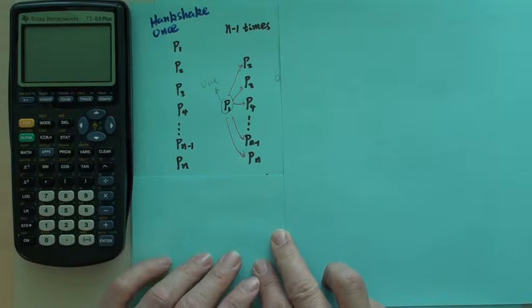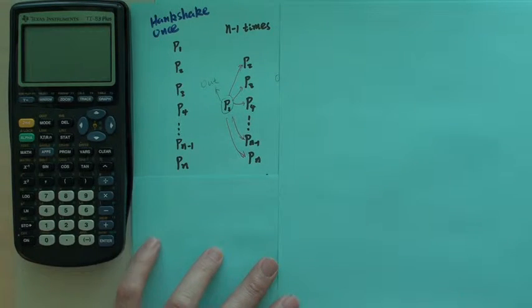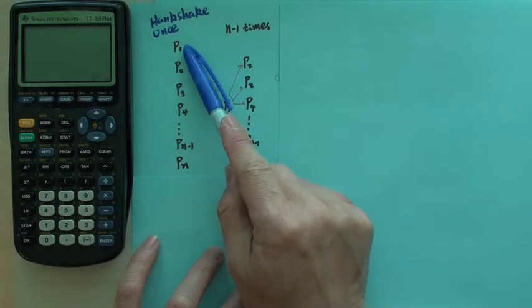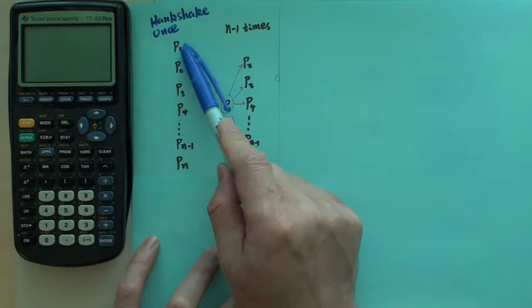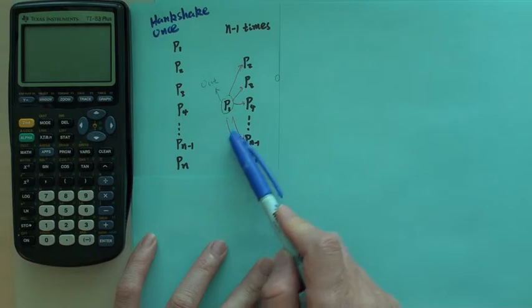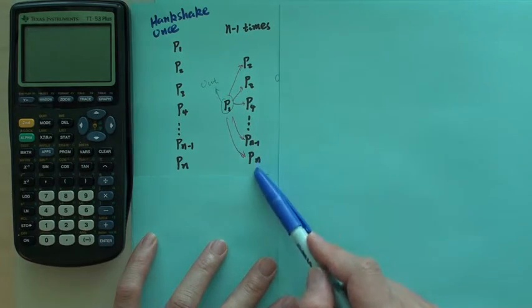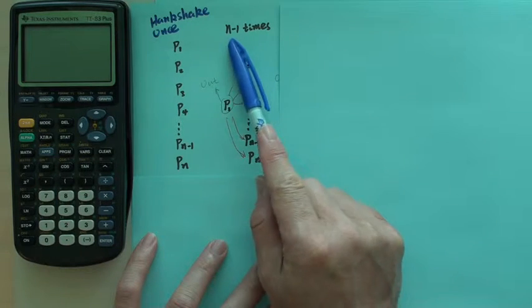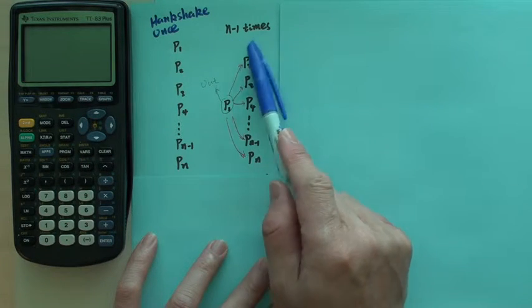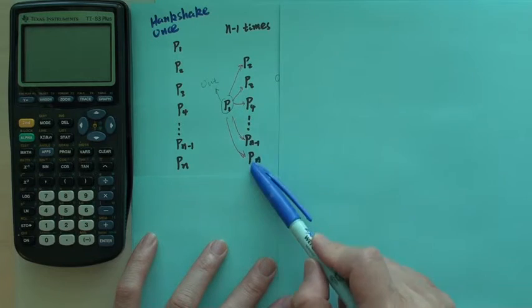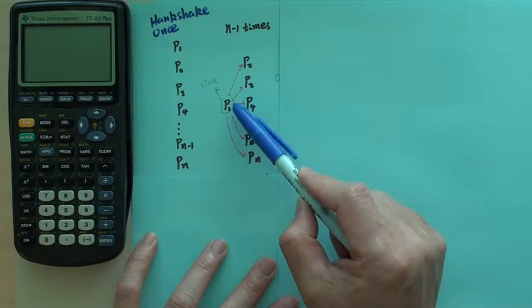Now, the line was like this, from 1 to n. The first person stands out and shakes hands with everyone, so the first person needs to do it n minus 1 times.